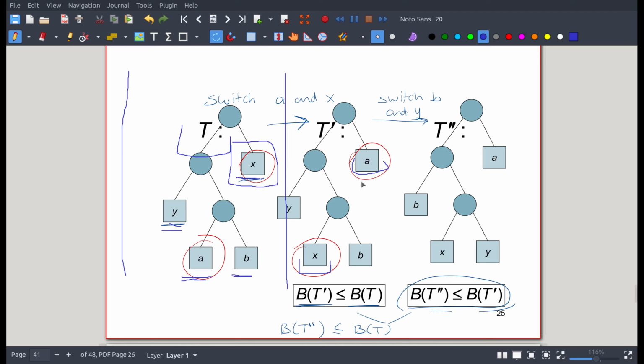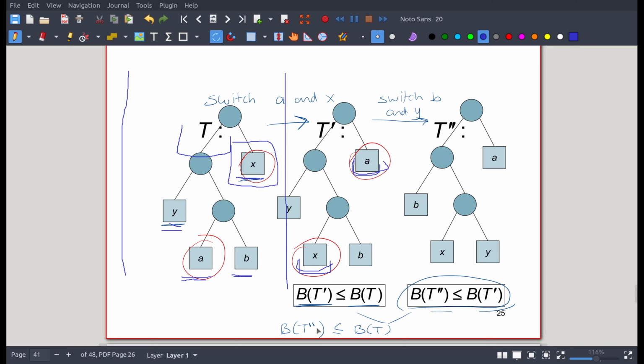So we swapped a with x, and we have a new tree here, which is called T dash. In this new tree, a is in the position where x was, and x is in the position where a was.